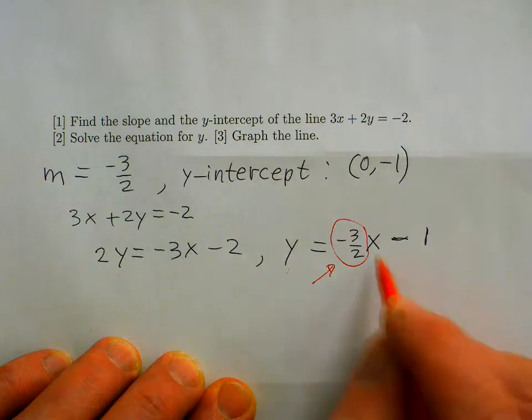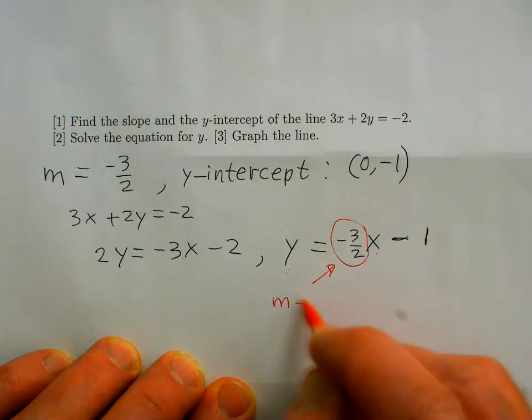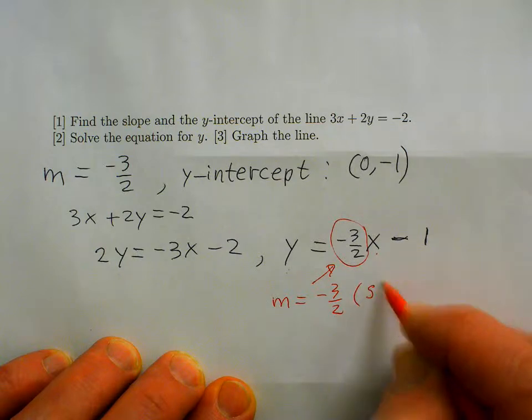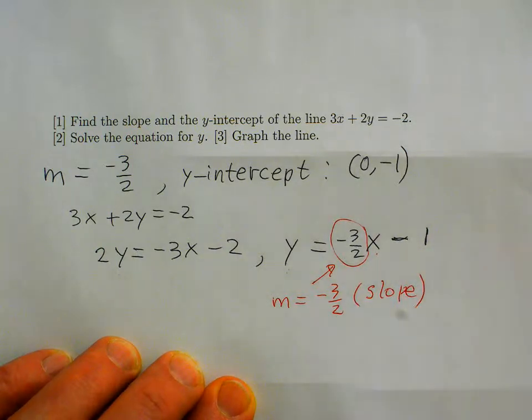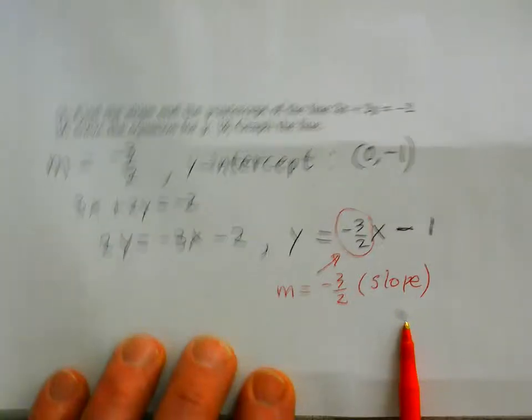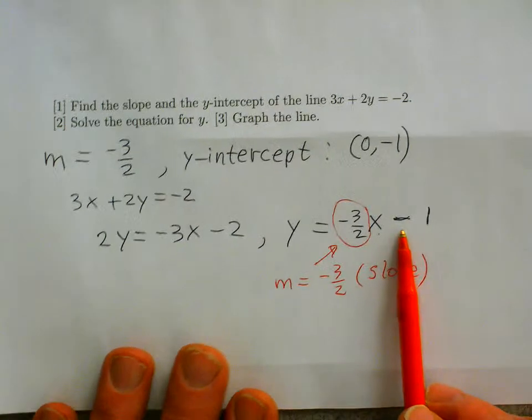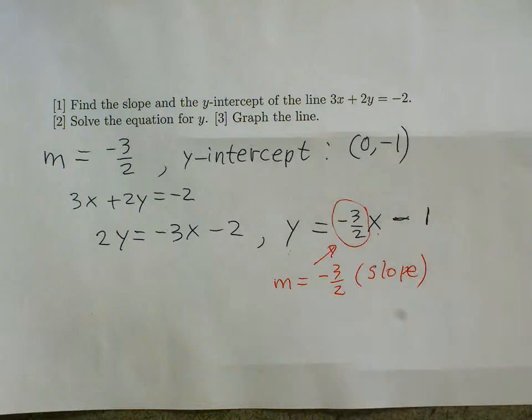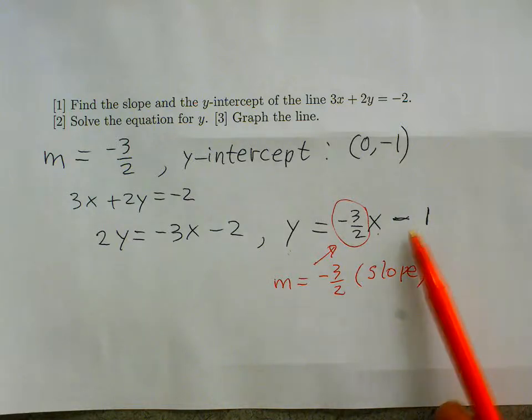So the number in front of x is the slope. This is m equals -3/2, the slope. And the number here, where it's minus 1, but you can think of that as adding negative 1.